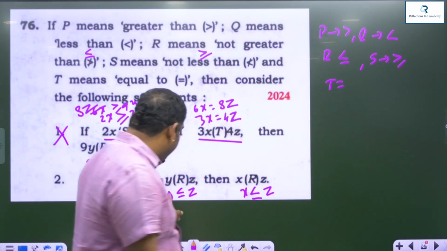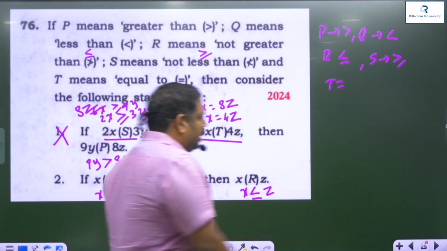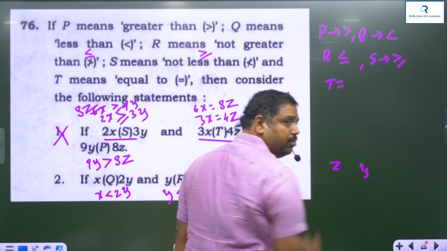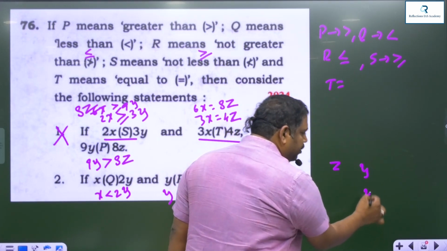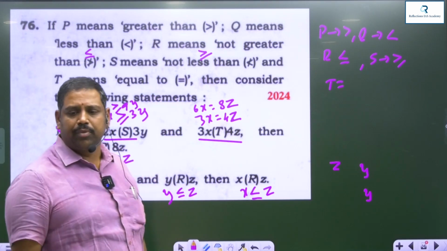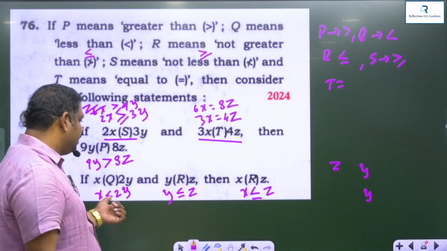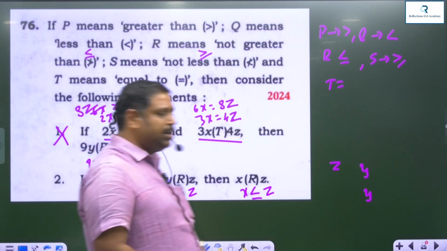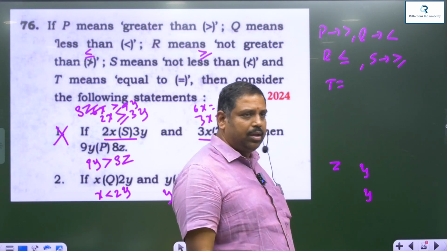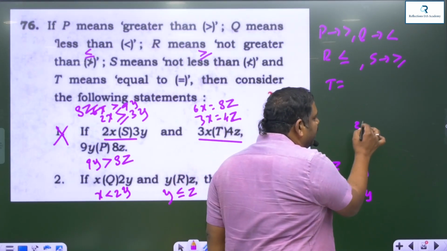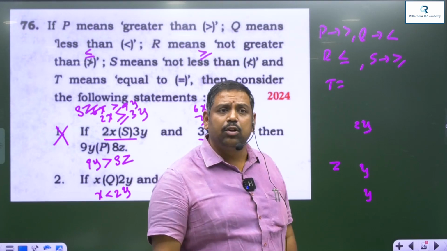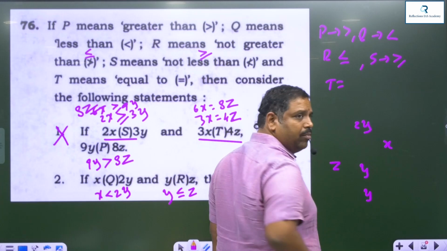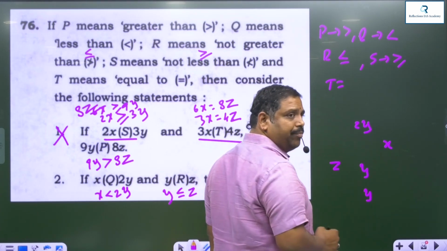See, Y is less than or equal to Z. That means that if it is Z, Y will be equal to Z or less than Z, right? Yes or no? Here he said that X is less than 2Y. Now my question is, suppose this is 2Y, right or wrong? X is less than 2Y, right or wrong? Less than 2Y means below that. It can be here. In that case, X is larger.